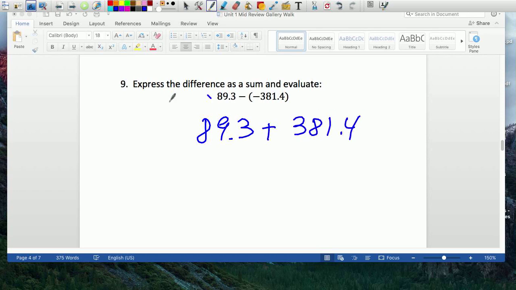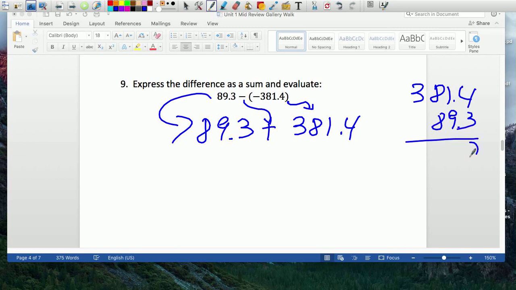So we're changing this to a sum, right? Keep subtraction to addition and change this to a positive, or the opposite of that. And then evaluate. 470.7.